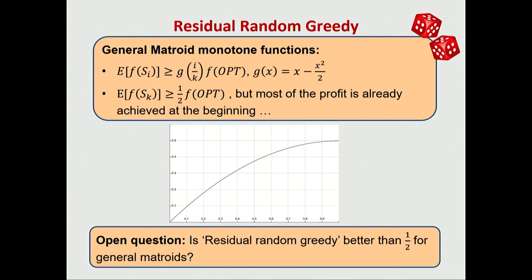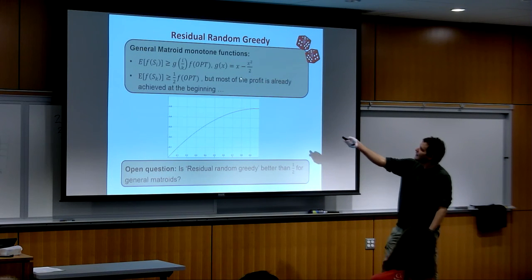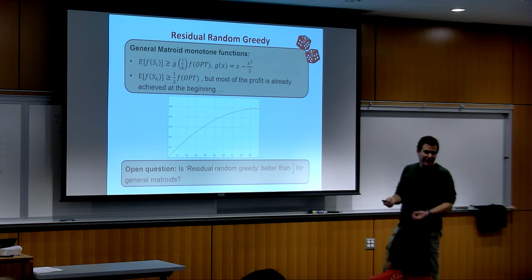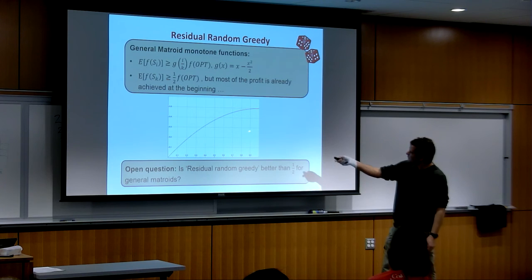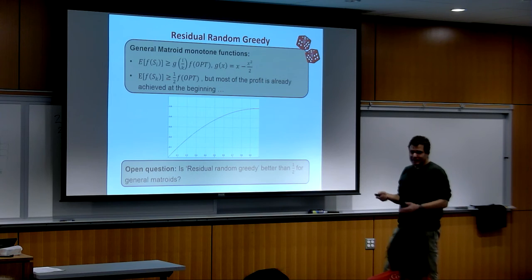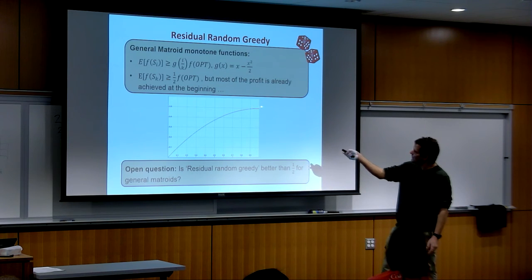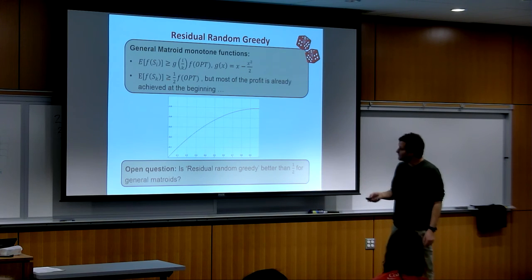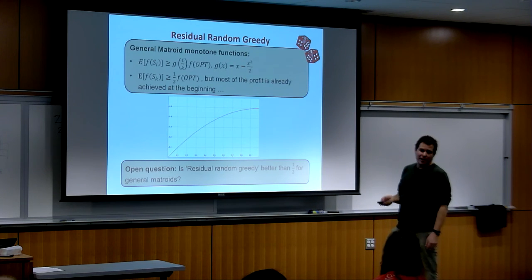If you look at time, if you already chose 50% or 90% of the portions, then you will get x minus x squared over 2. I drew it for you. So you will get a lot of value very quickly. Almost half of the value is obtained when you choose 0.9. This is good because if you just add more value here, you get more than half. But as I said, we don't know how to get better than half.